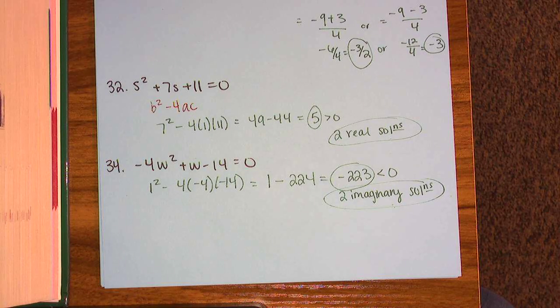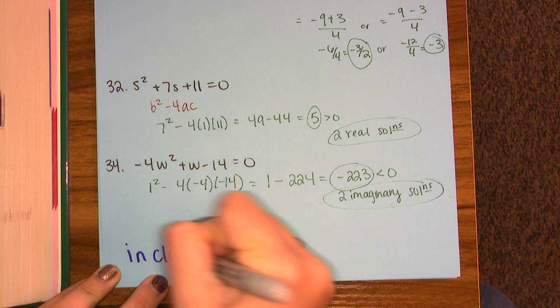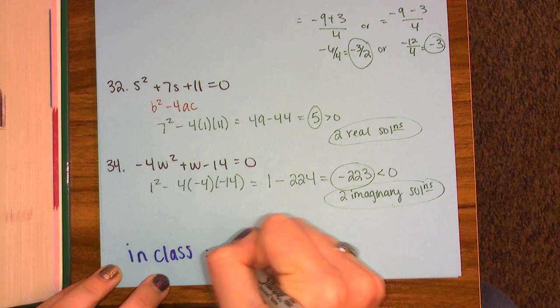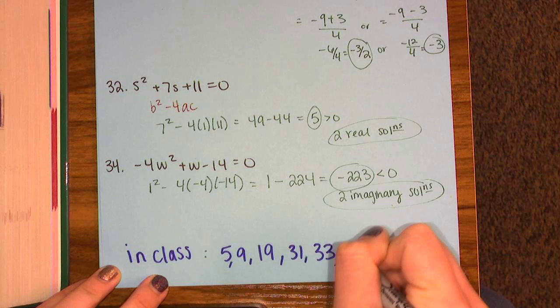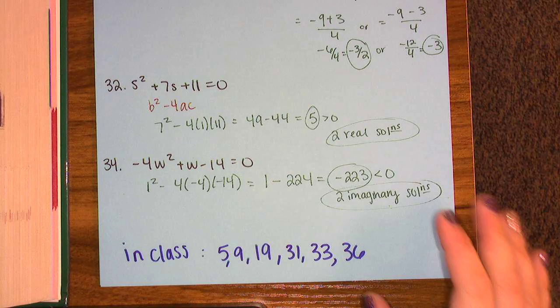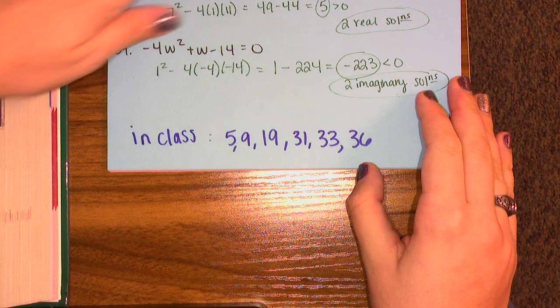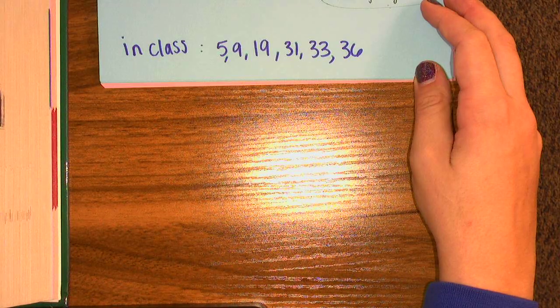I can go ahead and give you some problems to do. All right, 5, 9, 19, 31, 33, and 36. In just a second, I'm going to freeze the problems up here.